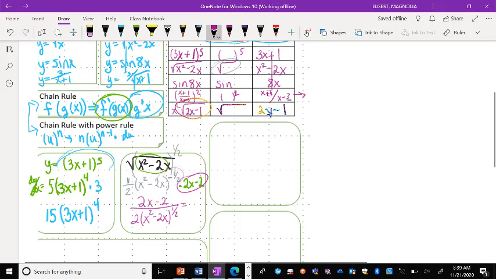And because I just made this problem up, I see something else that can happen here. This has a 2, this has a 2, this has a 2, so we can actually cancel all of them. And we get 1x, or x, minus 1 over x squared minus 2x to the 1/2. And that would be your derivative.